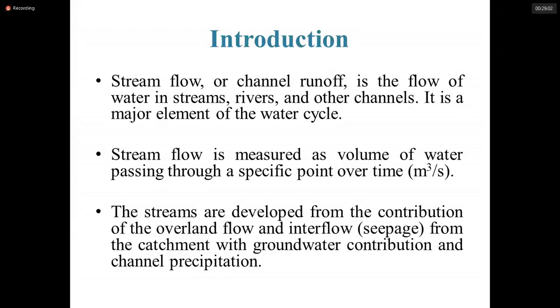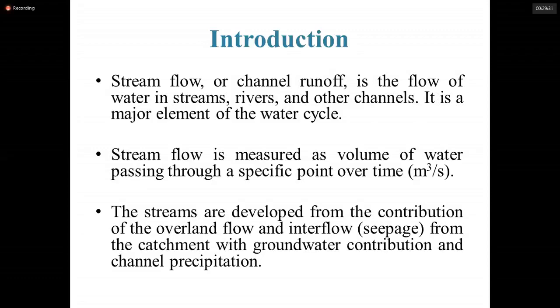So at a particular time, what is the volume of water passing through the stream? It's called stream flow. The unit of stream flow is meter cube per second. The meter cube is volume, second is time. So over a time, what is the volume of water passing through the specific point?